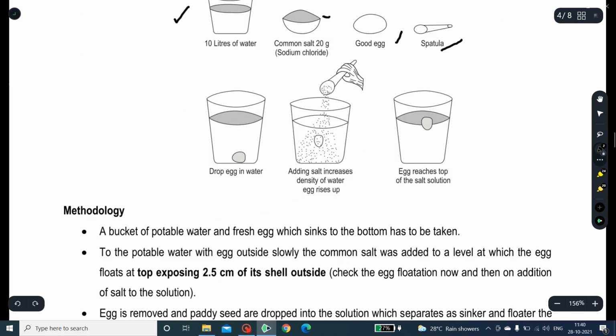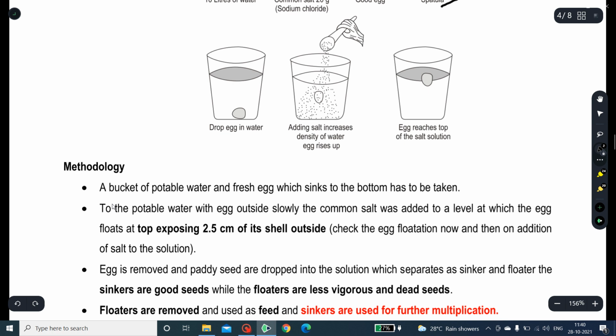The methodology for this technique is that 10 liters of water is taken in a plastic bucket of 15 liters capacity, and a good quality fresh egg is also taken. As soon as the egg is dropped in the water, it sinks and reaches the bottom.